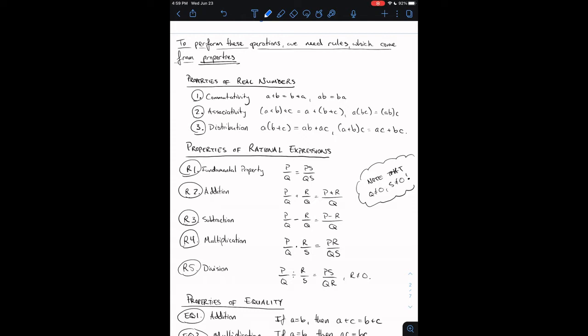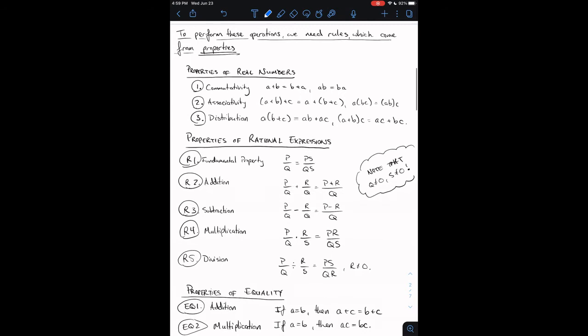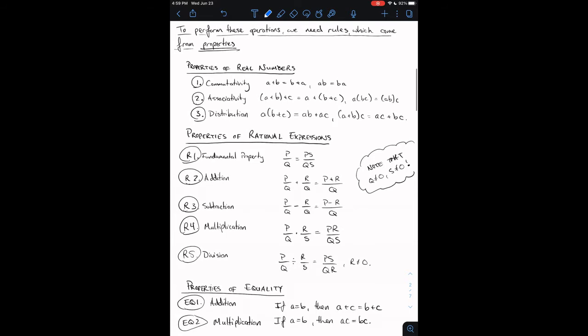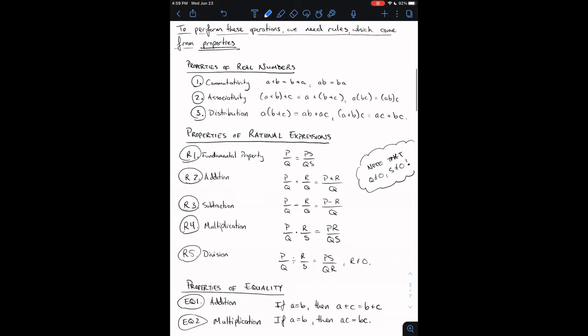If you're going back to review, or if you struggled with these parts of last week's session, what I think you should do is write these properties on a flashcard and memorize them. And then every time you use one while you're solving a problem, you should write down which one you used. I'm going to try to do that later on when we solve the problems too.